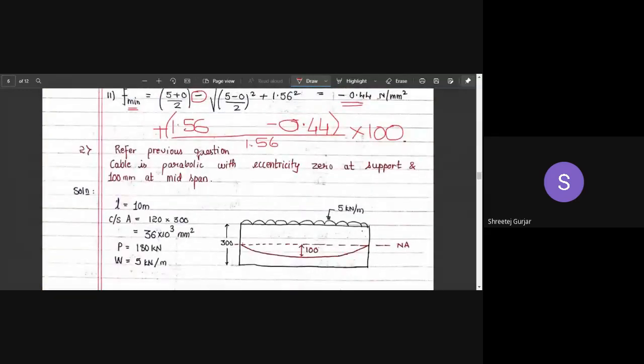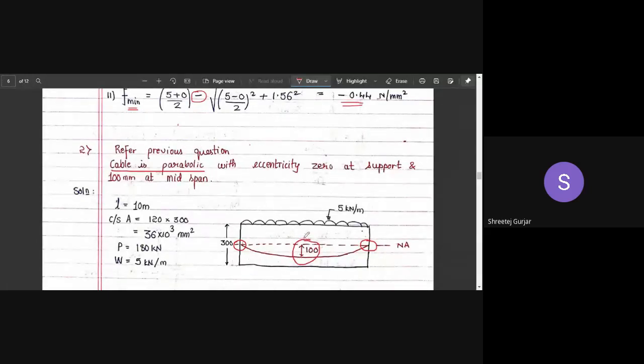Here we will refer to the first question itself, the previous question. The same details we will refer to, but here the change is that the cable is parabolic, with eccentricity 0 at the support and eccentricity 100 mm at the midspan.